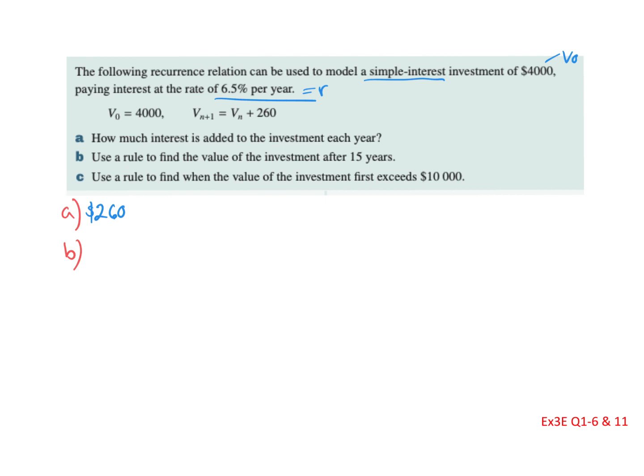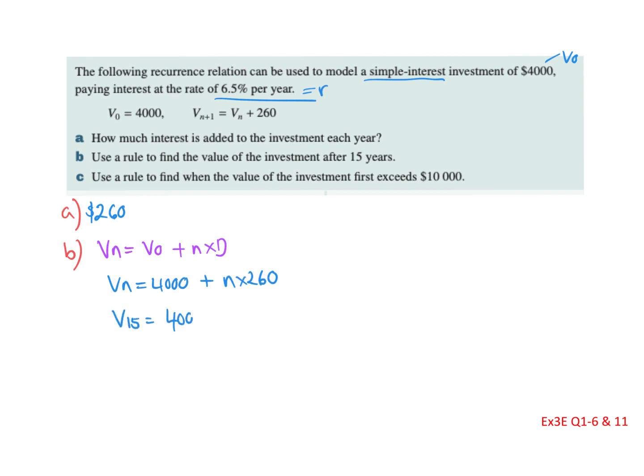Use the rule to find the value of the investment after 10 years. So we're going to use the nth term formula, which I'm just writing out our basic one. In this scenario, Vn will be 4,000 plus n times 260. And they want us to find V15.